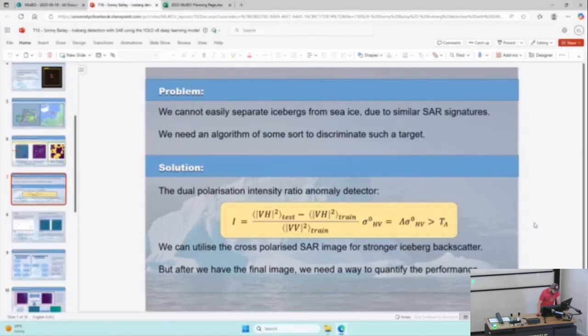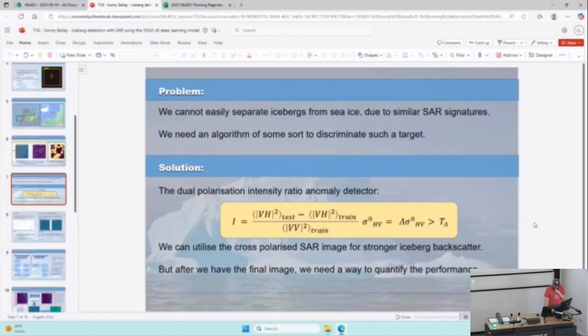Icebergs show very strong volume and surface scattering in SAR images, because you have a lot of undulations and a lot of cracks within the iceberg body itself. So it's not like ice that you find in your glass of water, for example. There's a lot of natural variation there, and that can cause a lot of volume scattering to appear proximal to the iceberg.